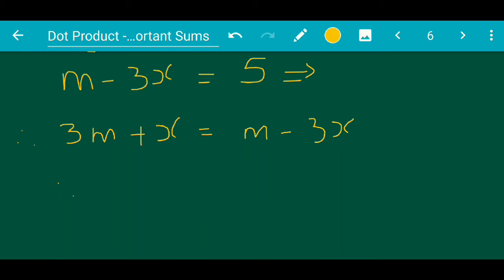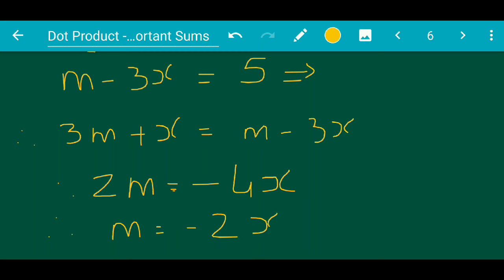So therefore we get 3m minus m, that is 2m, is equal to minus 3x minus x, that is minus 4x. And therefore m becomes minus 2x. Okay, m becomes minus 2x. Now putting this value of m in equation 1. What was equation 1?